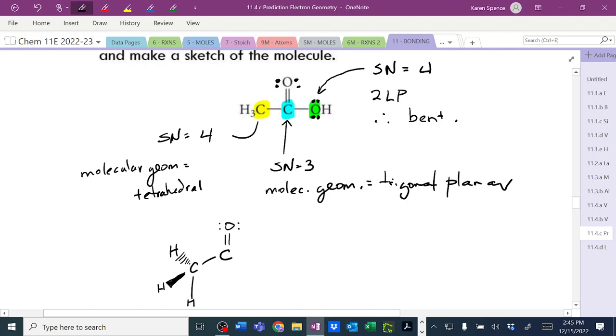What direction should I put the line going to the oxygen? Going slightly down because I've got my trigonal planar shape there. So now I've got the oxygen, and then this one is bent, so you could just put the H bent wherever.